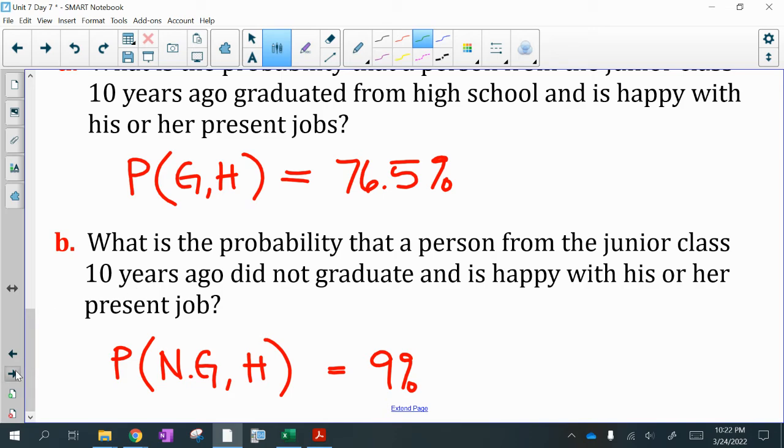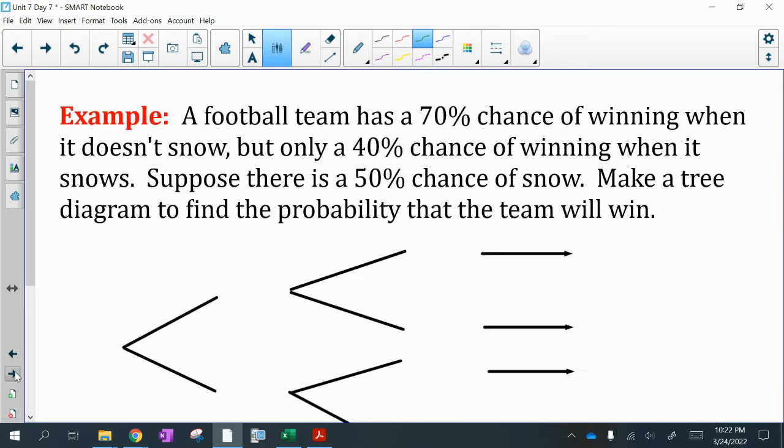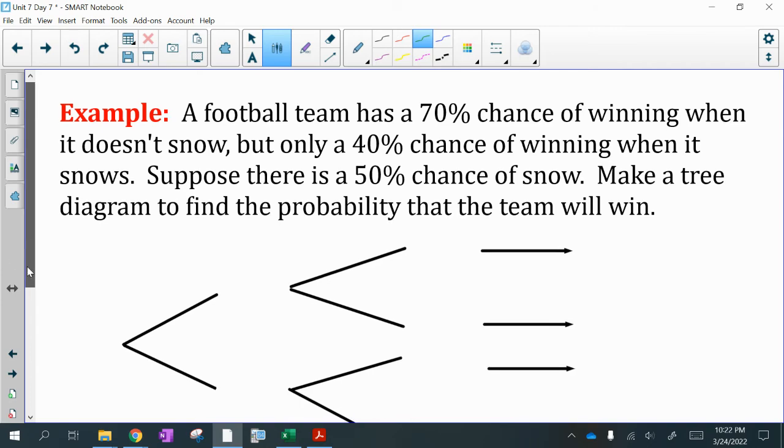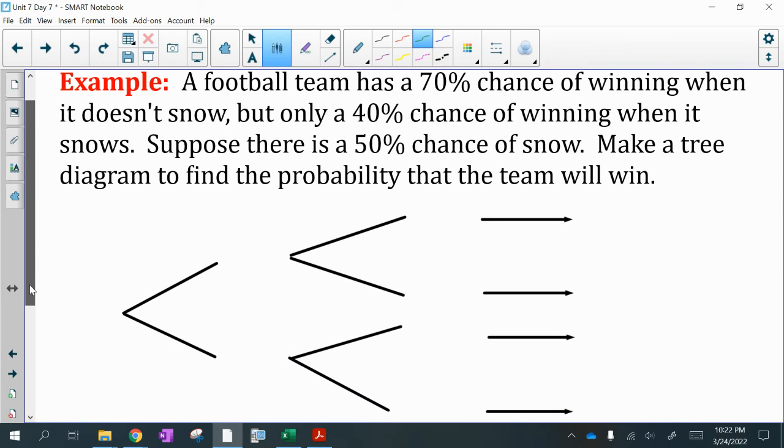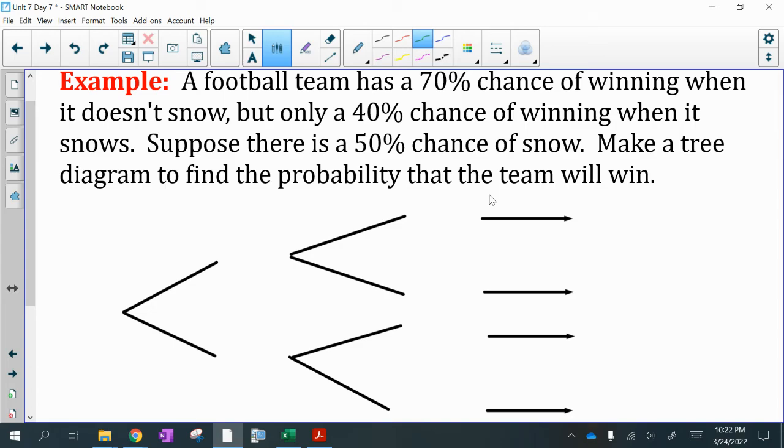Let's keep going and take a look at this next one. It says a football team has a 70% chance of winning when it doesn't snow, but only a 40% chance of winning when it does snow. Suppose that there's a 50% chance of snow. Make a tree diagram to try and figure out what the probability is of the team winning. Okay, so we've got two different characteristics.